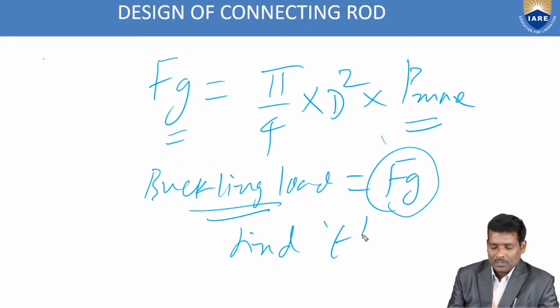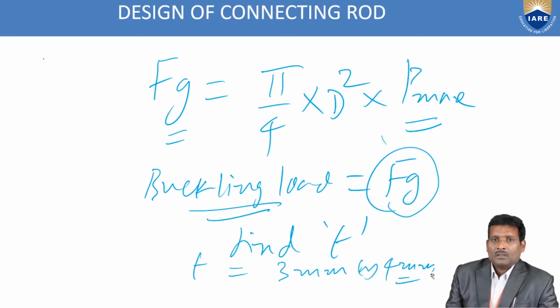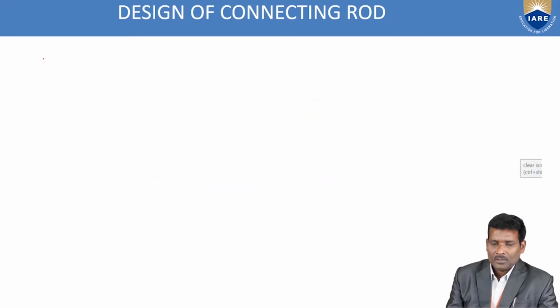For this problem, the t you may get is 3 mm or 4 mm. This value depends upon your assumed material. Suppose the calculated value is 3.5, you may take 4. So the thickness of the flange or web is calculated.